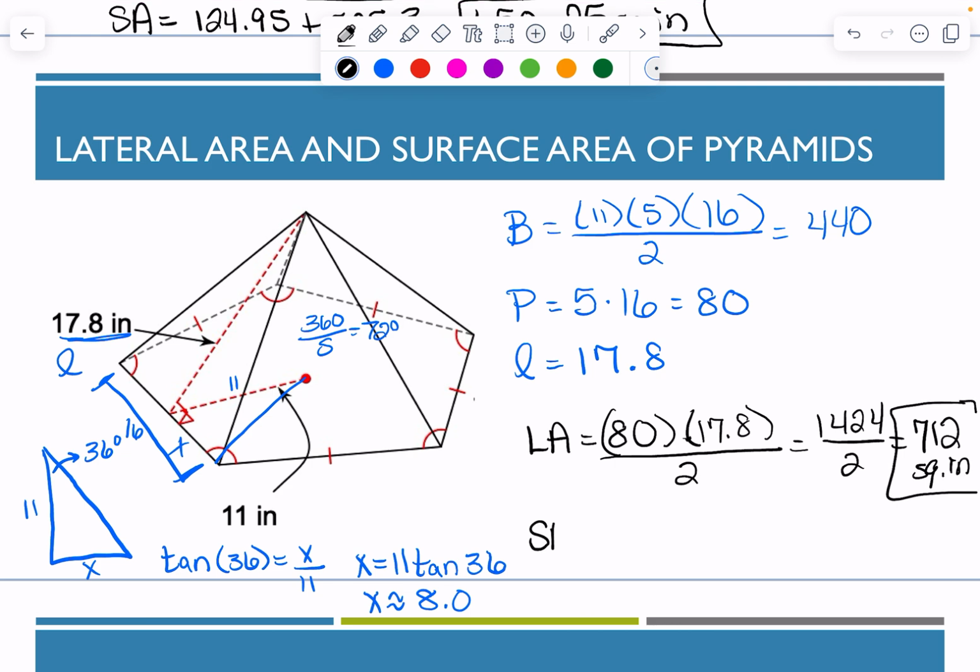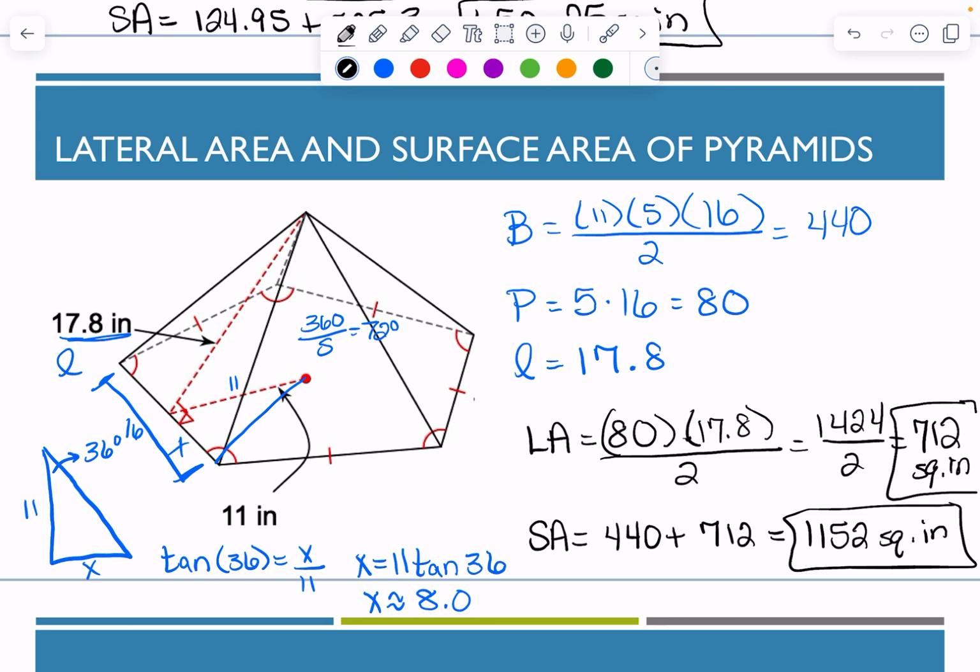Then I'm going to come back and do the surface area. So the surface area is the area of the base added to the lateral area, which is 712. So 440 plus 712 gives us 1,152 square inches. And that is how we work through that process of lateral area and surface area of pyramids.